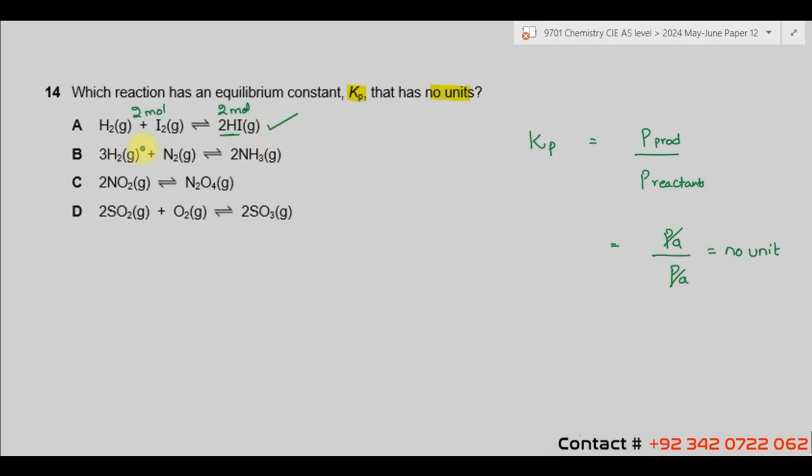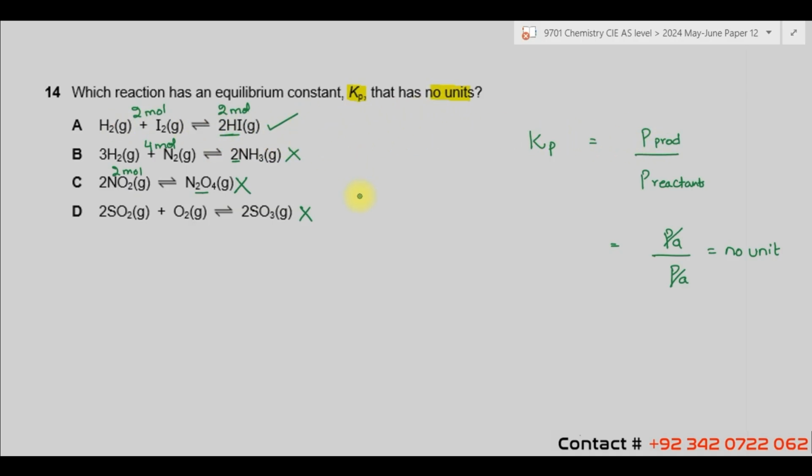We have 4 moles for this one and 2 moles for this one, so they do not cancel out, so this is wrong. 2 moles on this side and 1 mole on this side, it also does not cancel out. 3 moles on the reactant side and 2 moles on the product side, so unequal. So if the number of moles is the same, the Pascal unit is the same, and there will be no unit.